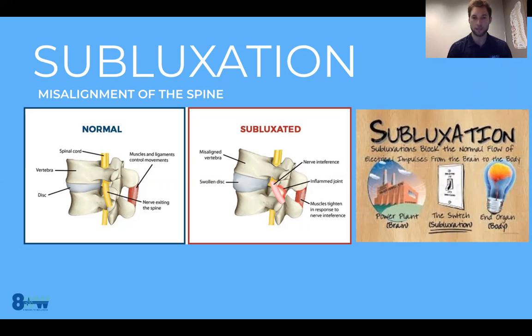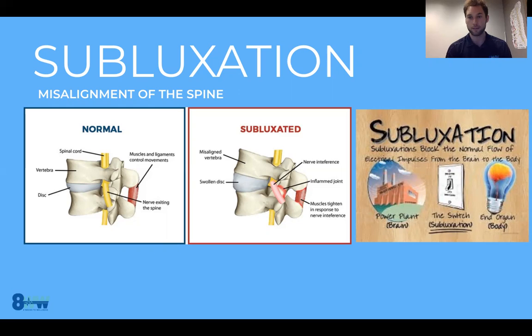Now, when you have a subluxation, basically that bone shifts into a position that is not ideal. Okay, it pulls on the muscles tighter, and then what that does is it also puts tension and pressure upon the nerves exiting that area of the spine, and that's where we get the lack of neurological activation.